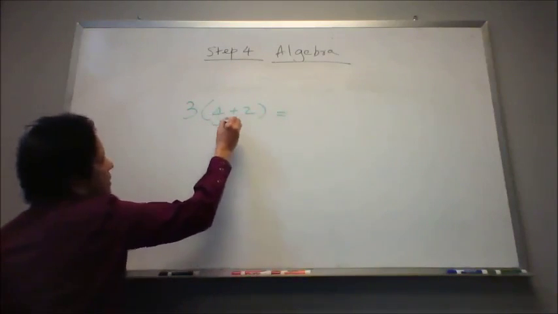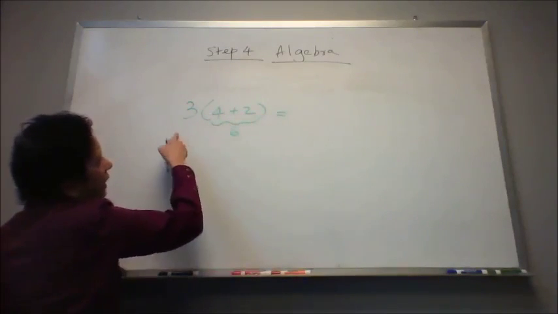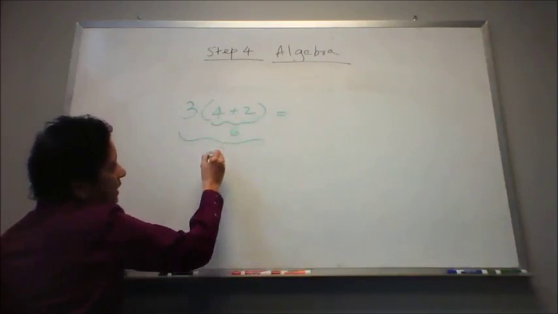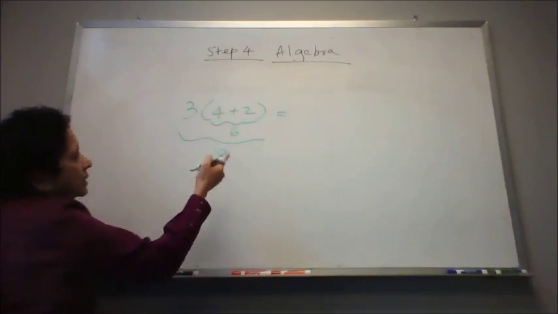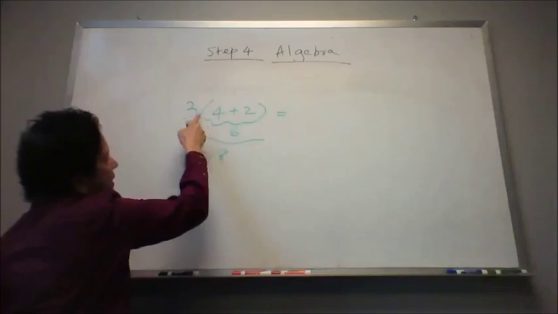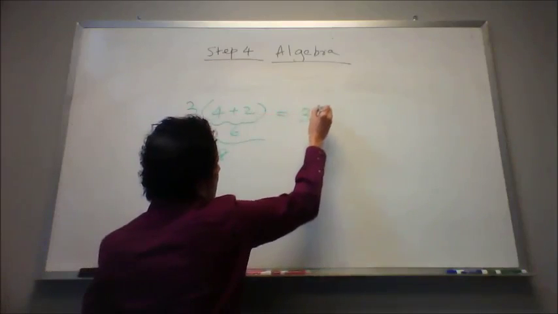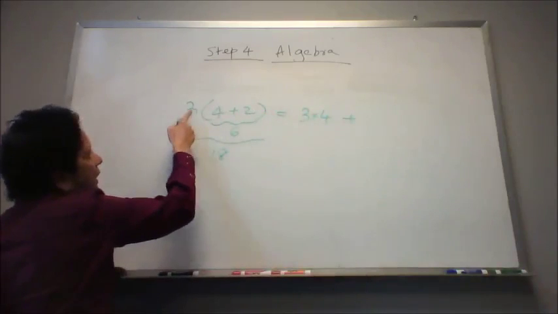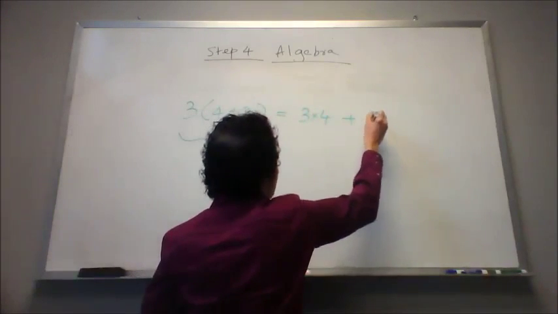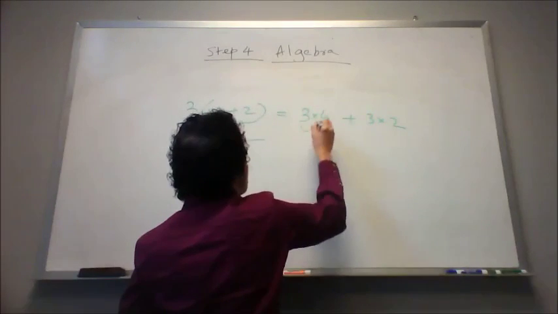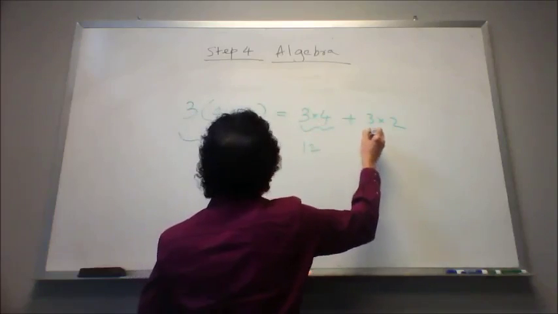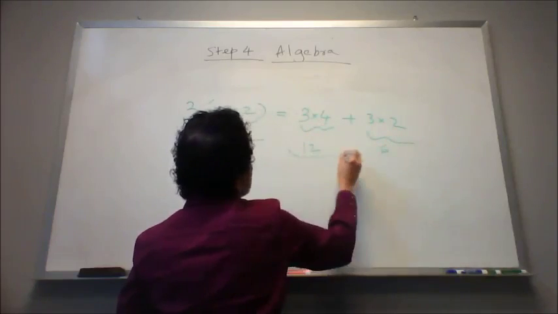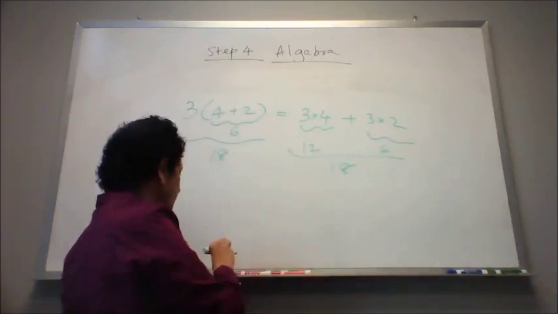So this is 6, so 3 times 6, you know that this is 18, okay. And then the distribution, I can write this as 3 times 4, plus 3 times 2, right? The distributive property, we did that before. So this is 12, and this is 6, so again this is 18, right?